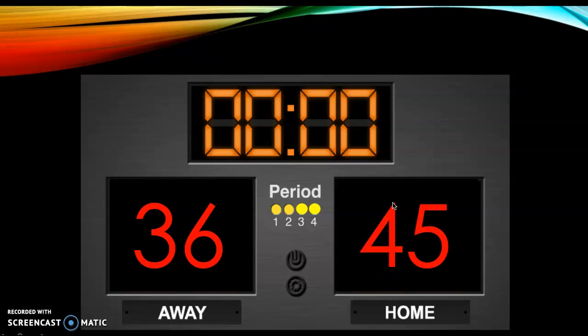Since 4 is higher than 3, 45 is a greater number than 36, which means the home team is the winning team with the most points.